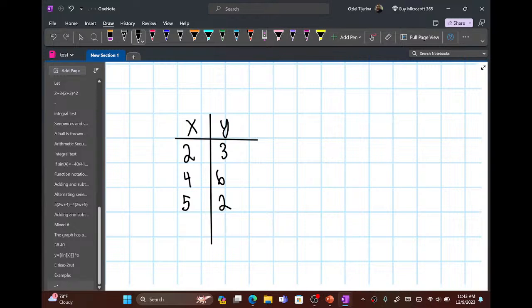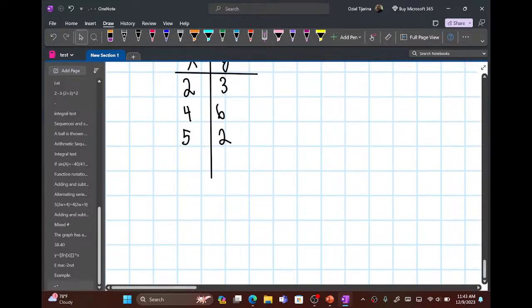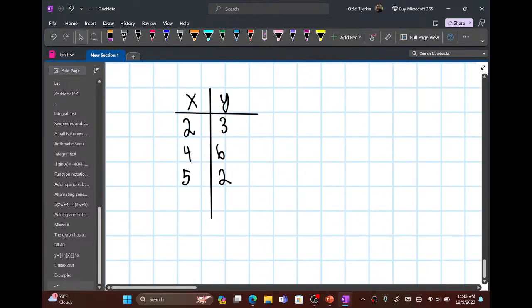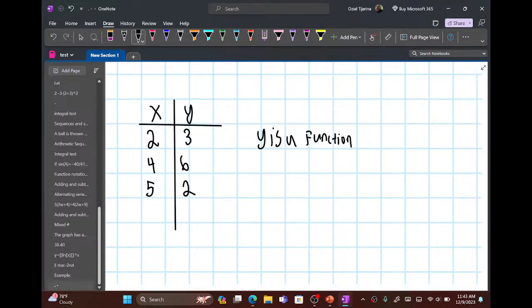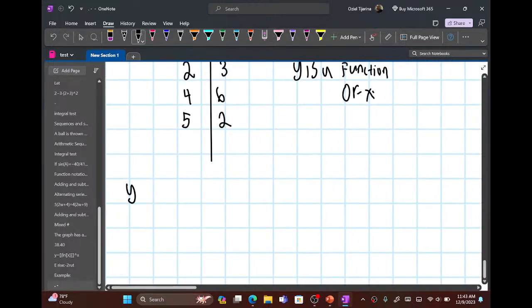We can clearly see that there are no repeated x values, so we can say that y is a function of x. Sometimes they will say that y is equal to f of x. Now this is in function notation.